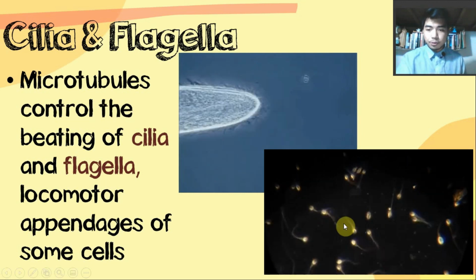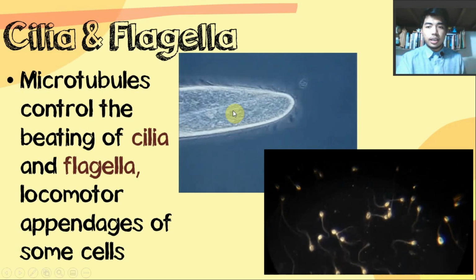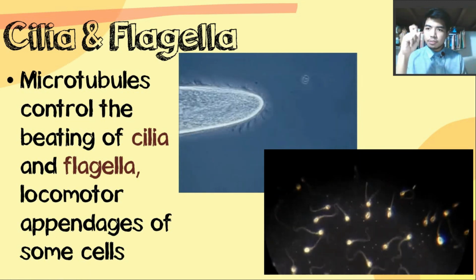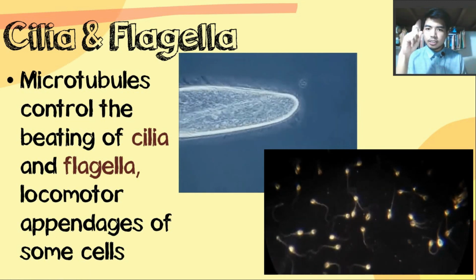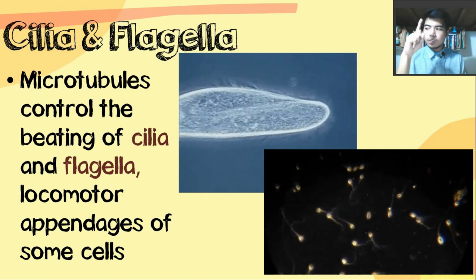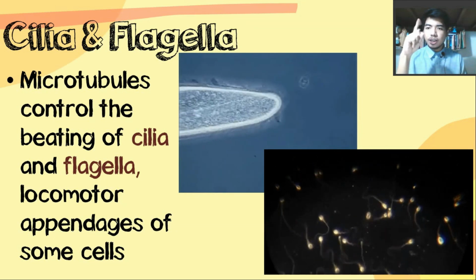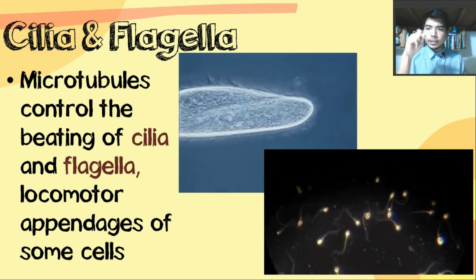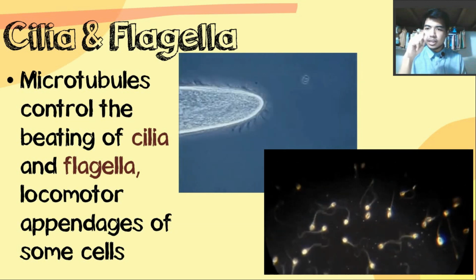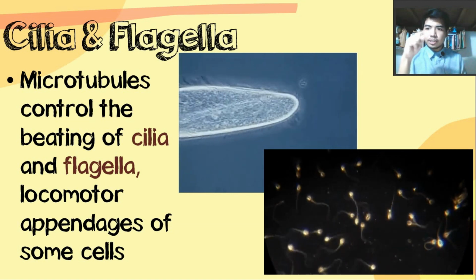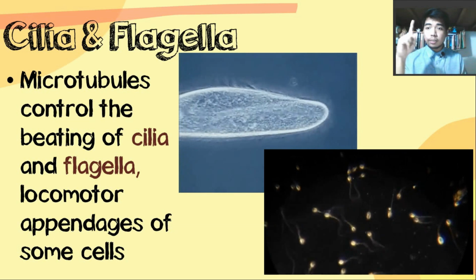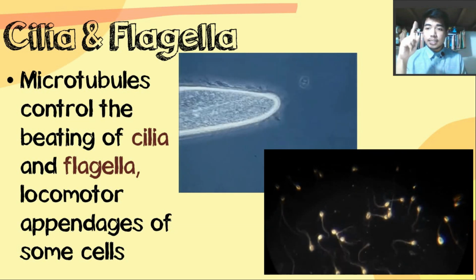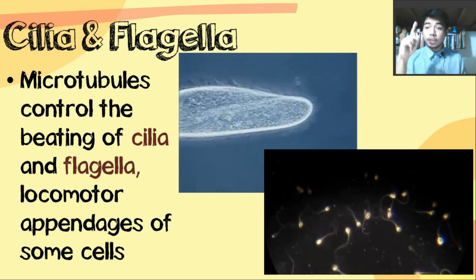Okay, these are sperms, then this is a paramecium. The movement of cilia is actually not a continuous wave-like motion, but rather they move in a certain direction that will simply either push or pull that part of the cell or of that organism.